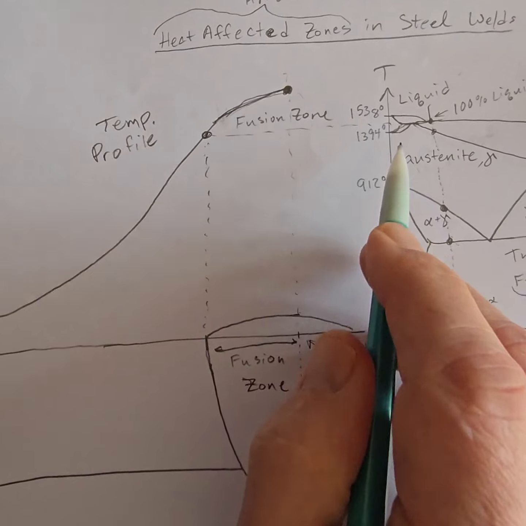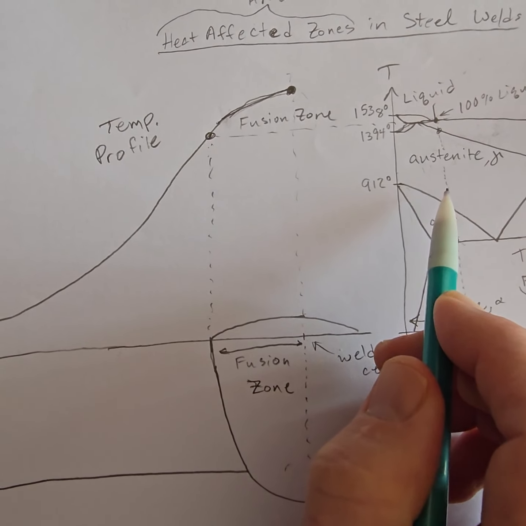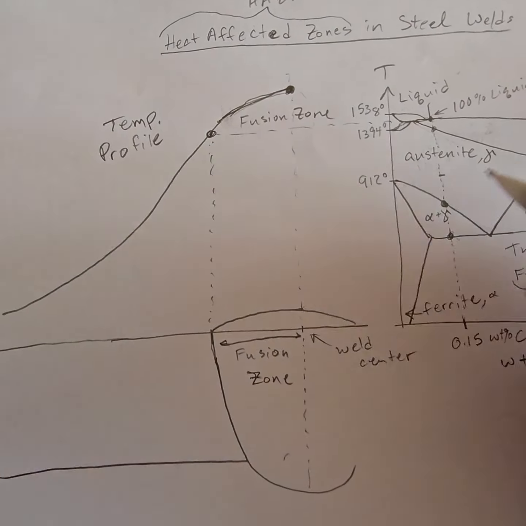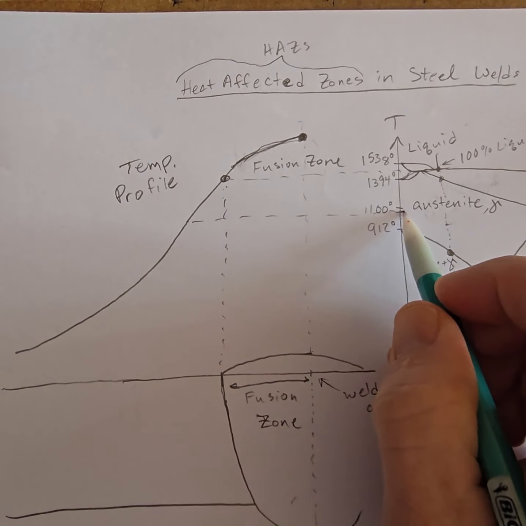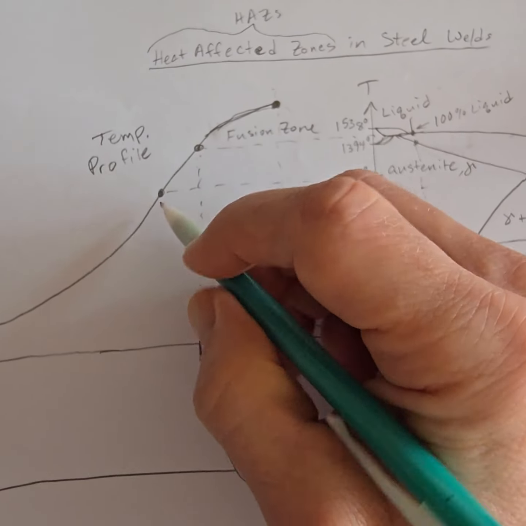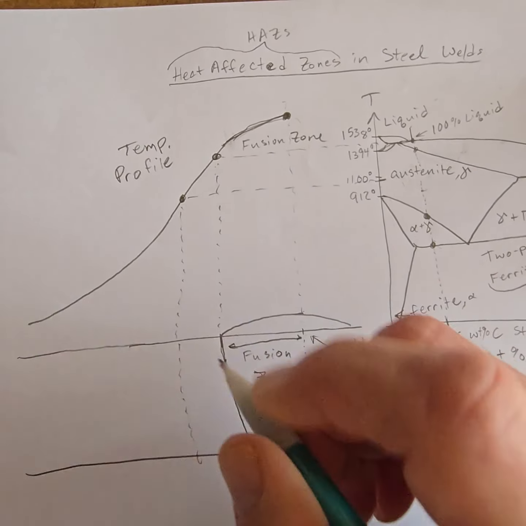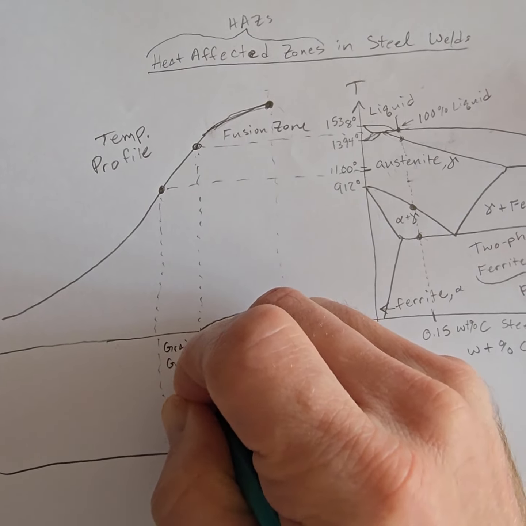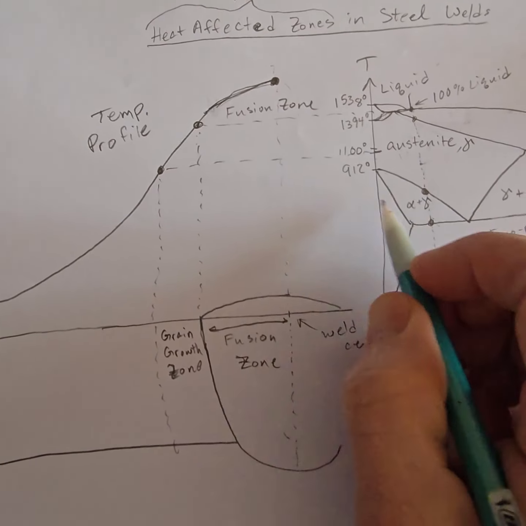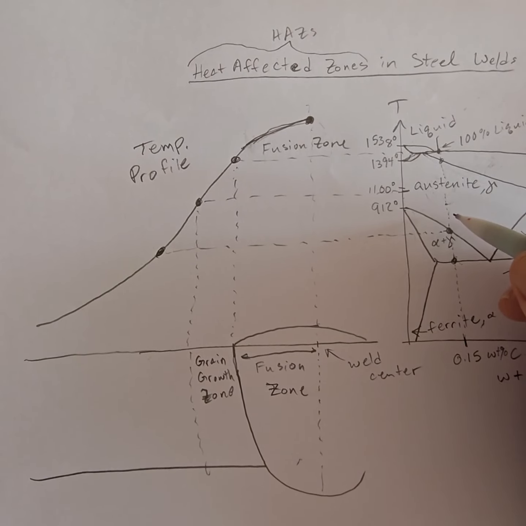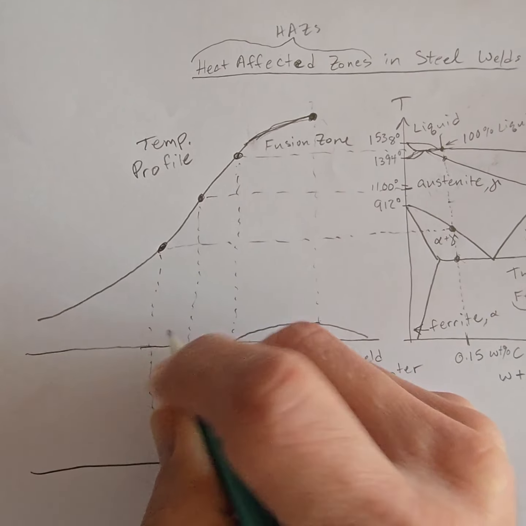Next zone is going to be the zone that reached high temperatures in the austenite region, greater than about 1100. That temperature is important because at those temperatures, the grains can grow very rapidly. So that next region of the heat affected zone is going to be the grain growth zone. The next region is everything that got above the temperature at which all the ferrite transformed into austenite. It's going to be called the recrystallized zone.